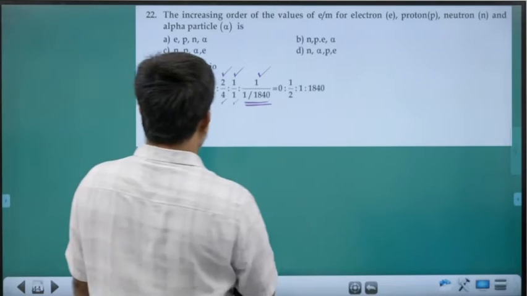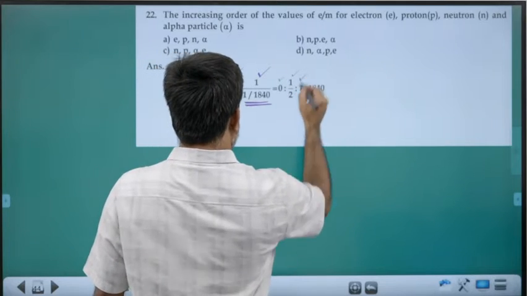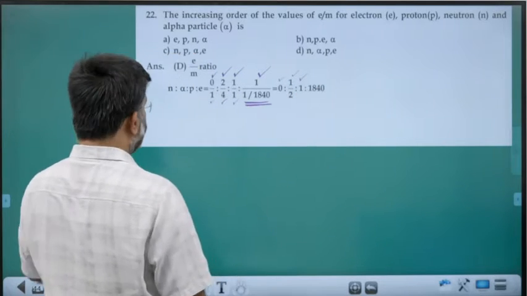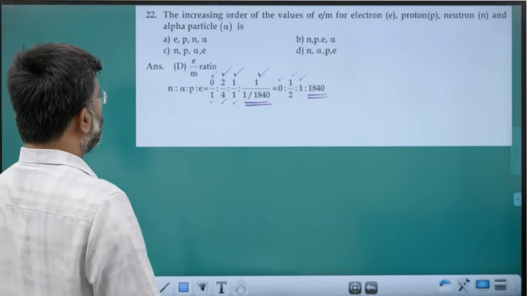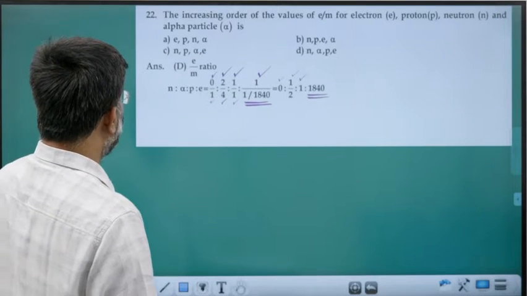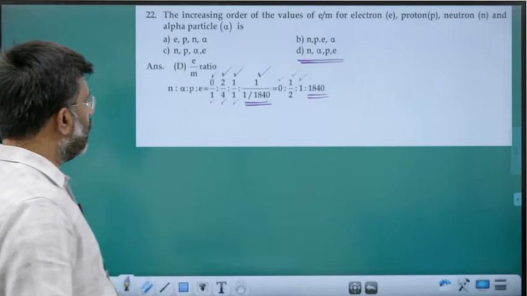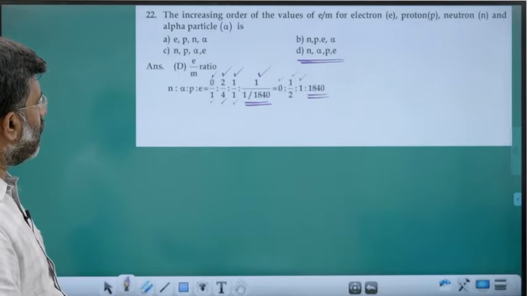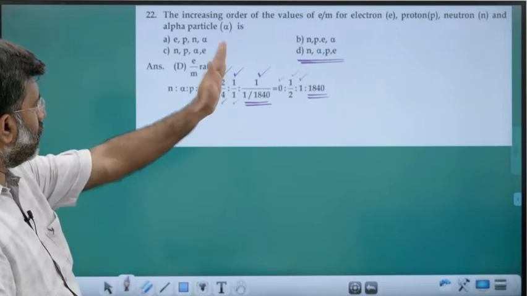Now, just to compare, this is 0, this is half, 1 and 1840. In the order, it must be option D. Option D. Neutron, alpha, proton, electron. Neutron minimum, then alpha, then proton, then electron.